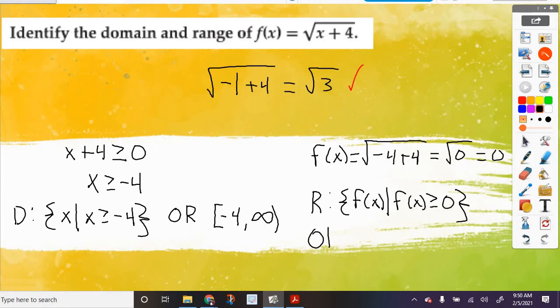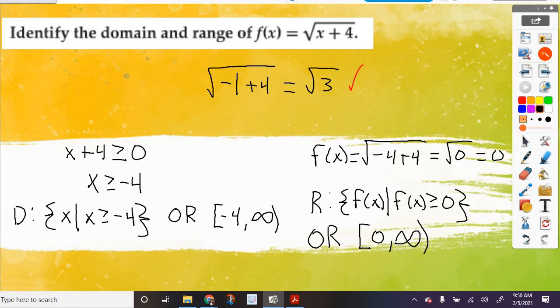And then again, that is our set builder notation. We can also put it in interval notation instead, and we would put 0 to infinity. And I don't care which notation you use, either set builder or interval, but you do need to use one of those when writing out your answer.